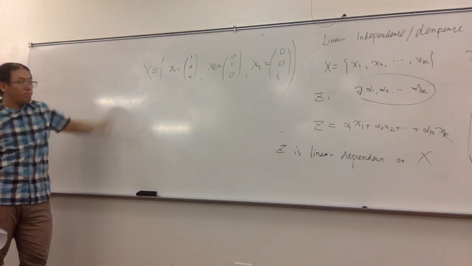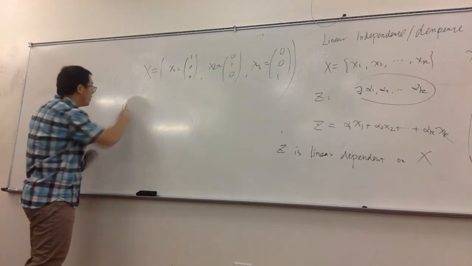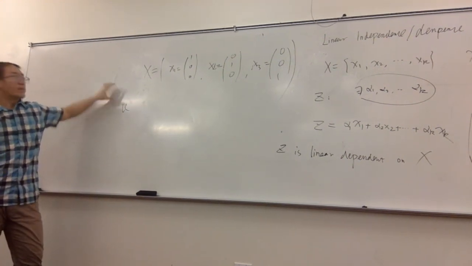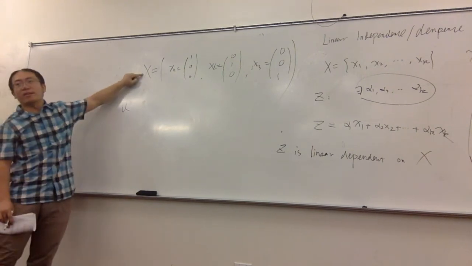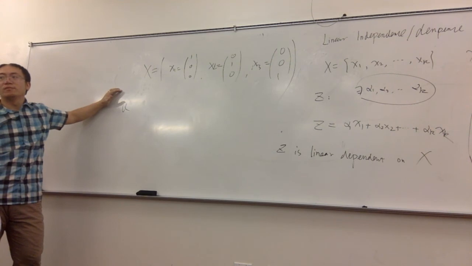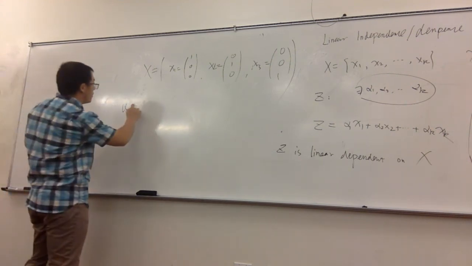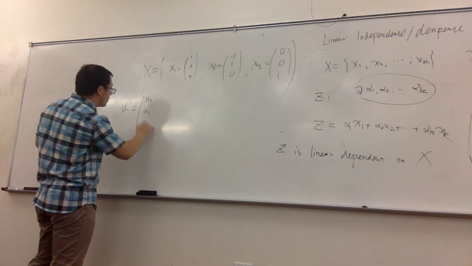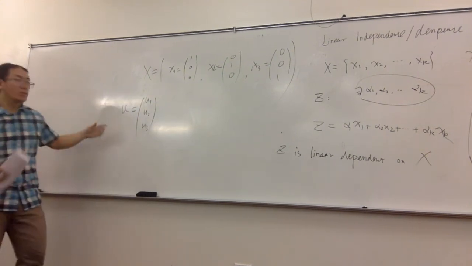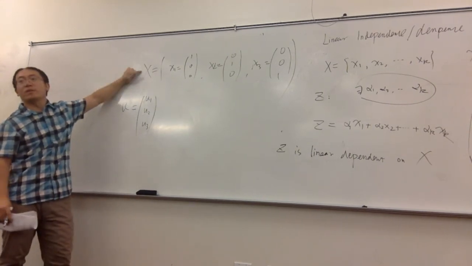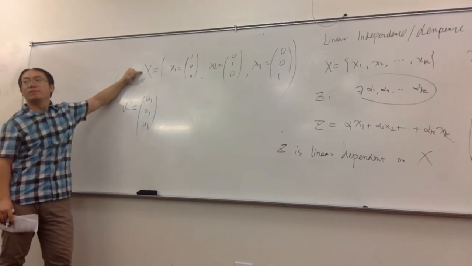The second question: for an arbitrary three-dimensional vector u, is it linearly dependent on x or linearly independent? Let me write down its elements: u1, u2, u3. So this is arbitrary. Dependent. Why?